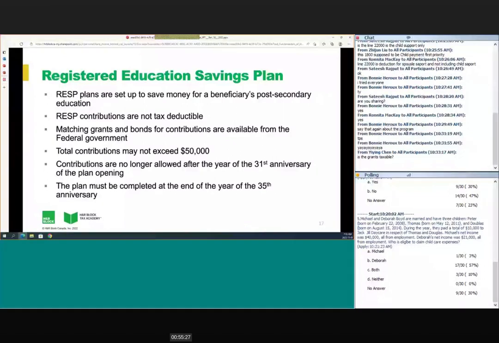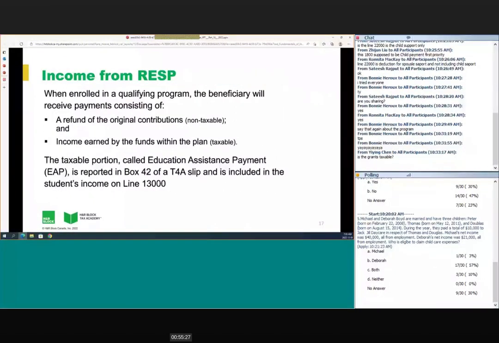So this is how it works. When you get enrolled in a qualifying program, the beneficiary will receive payments consisting of a refund of the original contributions, which are non-taxable, and income earned by the funds within the plan. When it's time to tap into the RESP, you've put contributions in that are after-tax dollars, right?